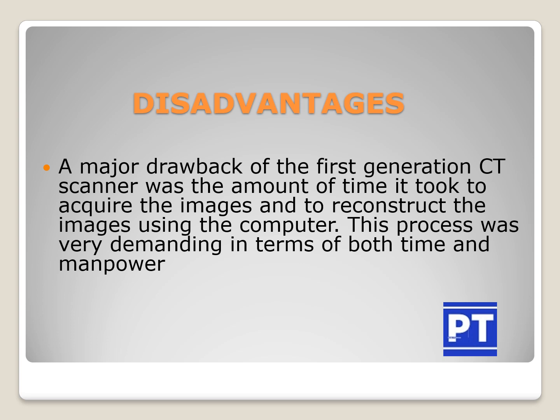So the major drawback of the first generation CT scanner was the amount of time it took to acquire the images and to reconstruct the images using the computer. This process was very demanding in terms of both time and manpower.